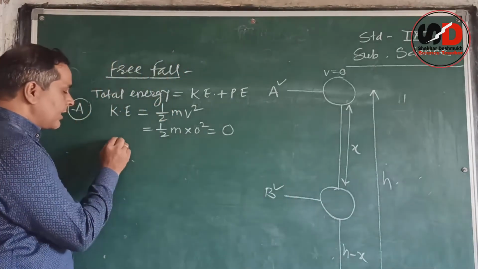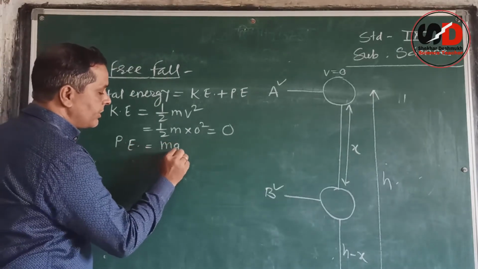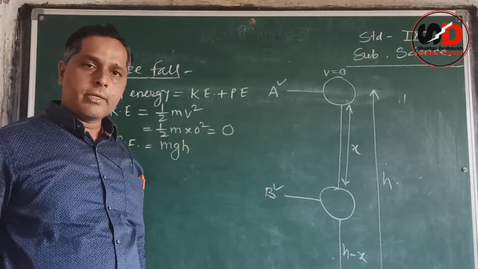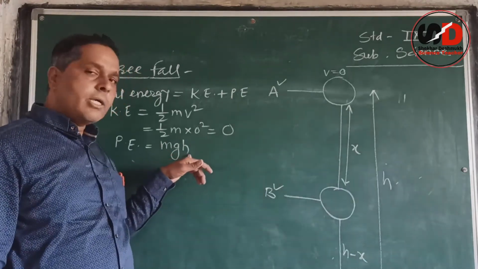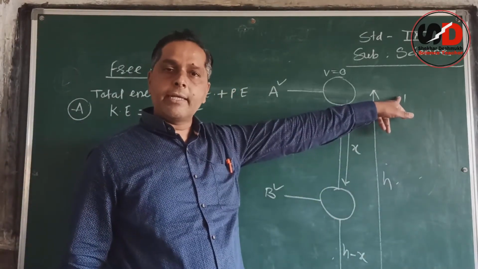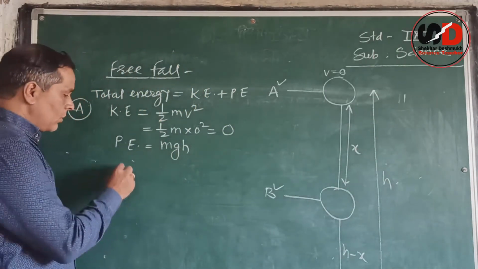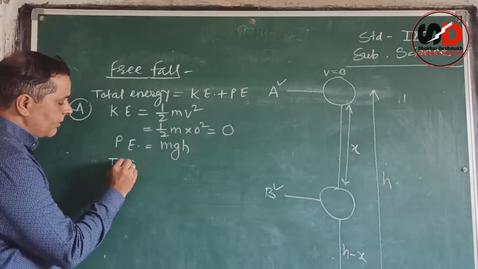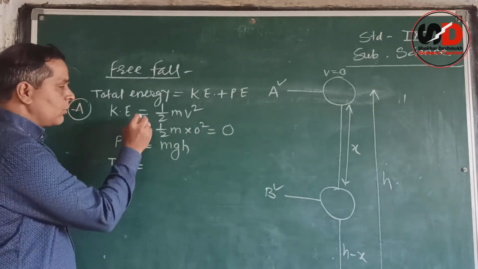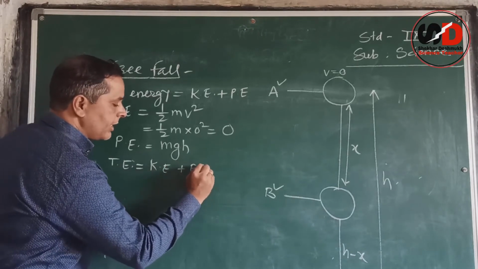What is potential energy? Formula for potential energy is mgh, right? Where h is height. आपण height किती घेतलेली आहे? h घेतलेली आहे. So potential energy is mgh. So calculate total energy. So total energy is equal to kinetic energy plus potential energy.